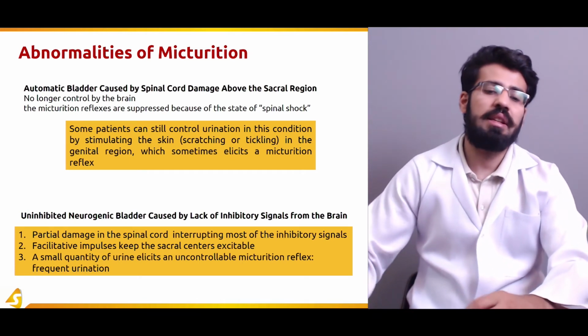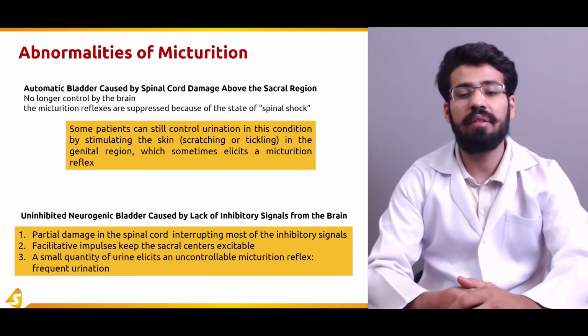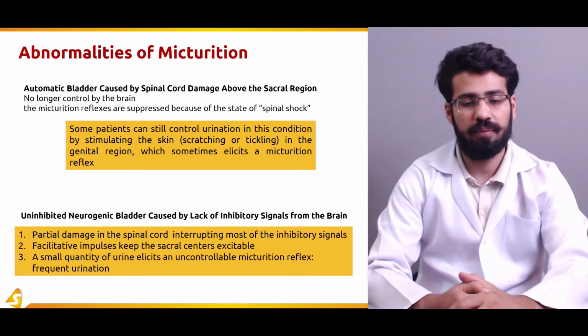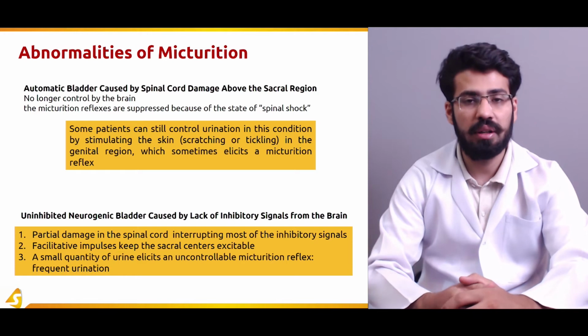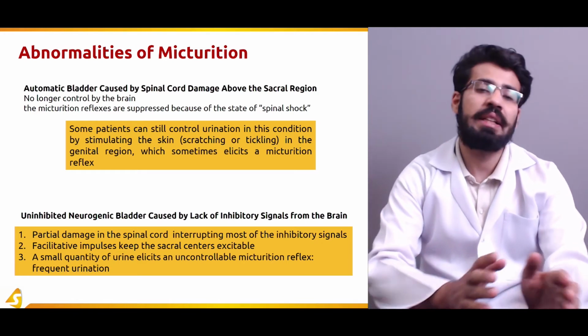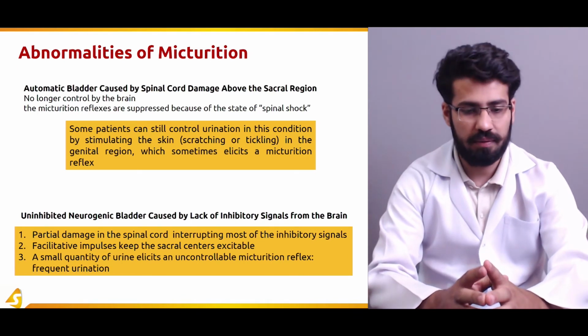The last is the uninhibited neurogenic bladder, caused by the lack of inhibitory signals from the brain. This occurs because of partial damage in the spinal cord. This partial damage interrupts most of the inhibitory signals.